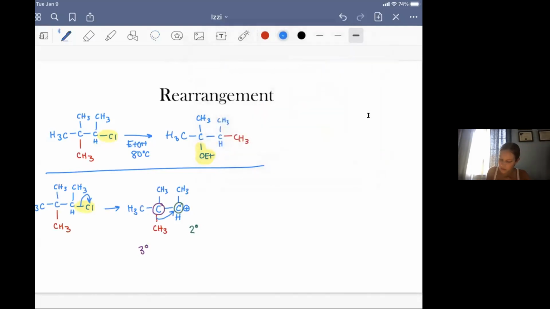So now what we're going to see is that it's going to move over. It's going to be more stable this way. And this is where we see the rearrangement occur.